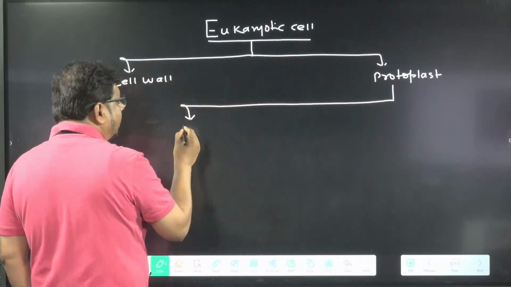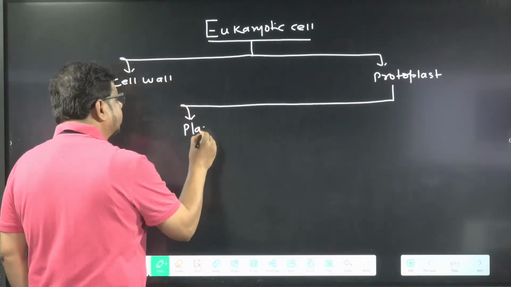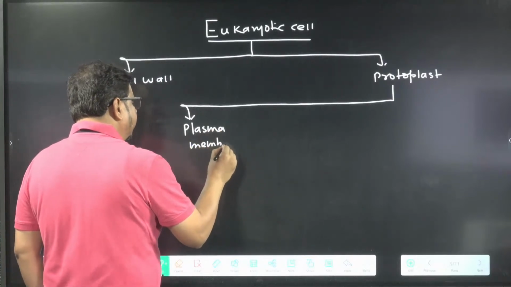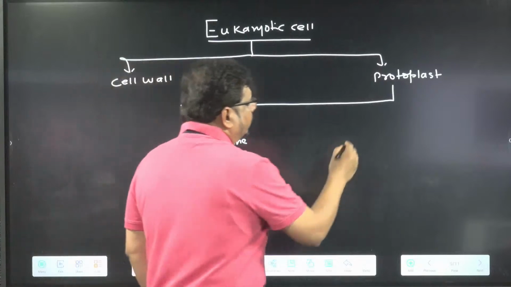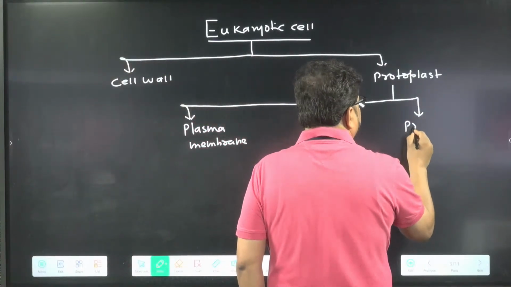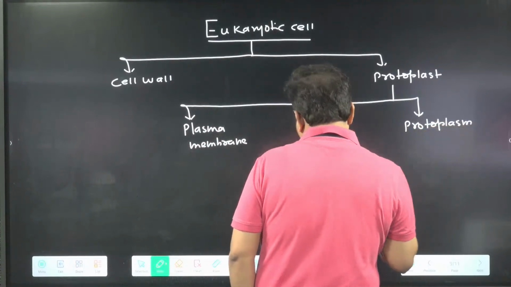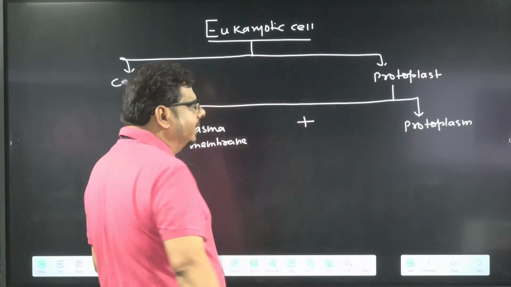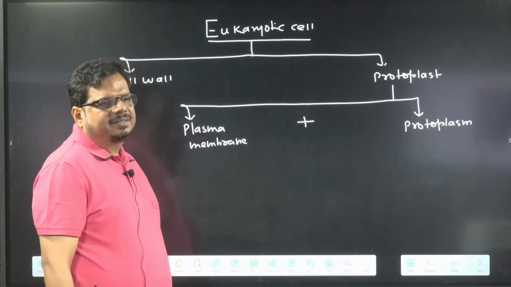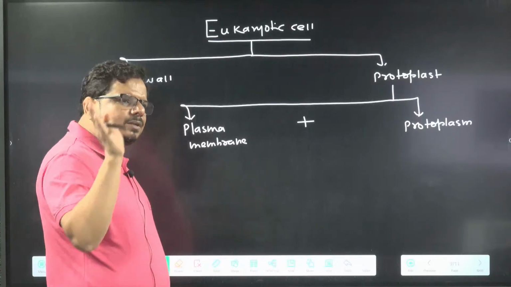The protoplast has two components. One component is the plasma membrane, and another component of the protoplast is protoplasm. In mathematical language, we can say protoplast equals plasma membrane plus protoplasm.